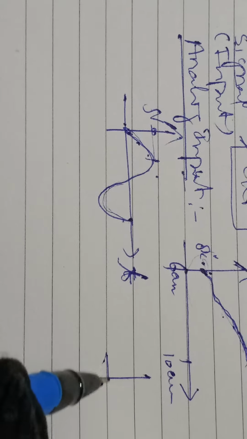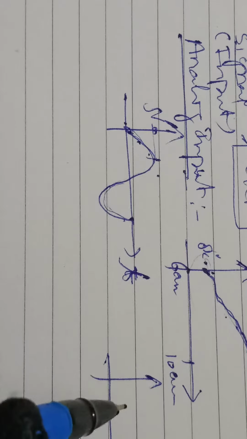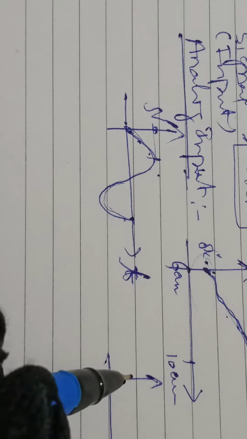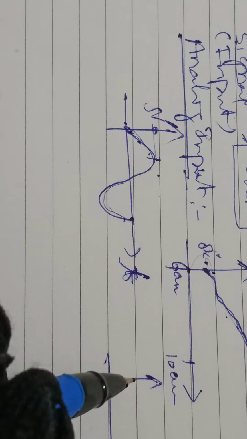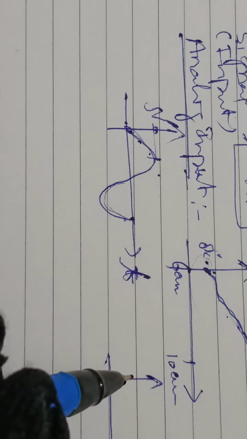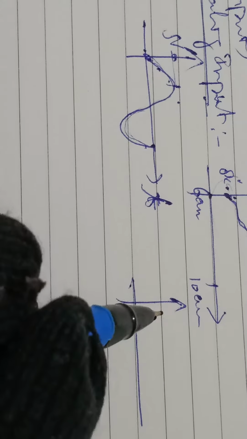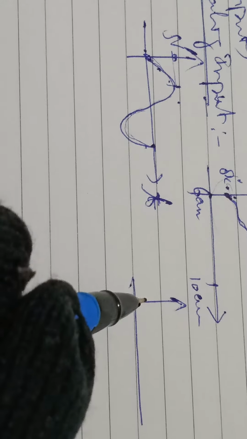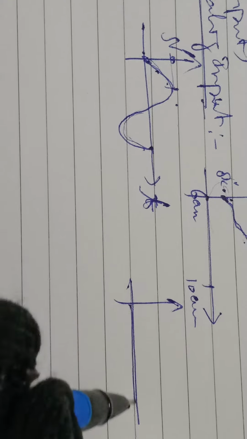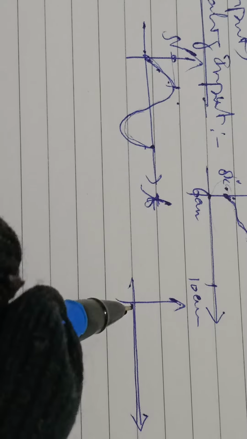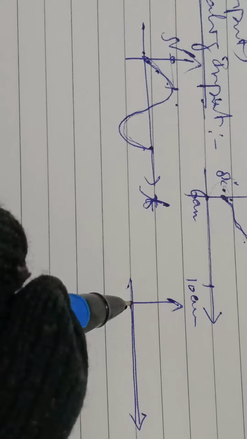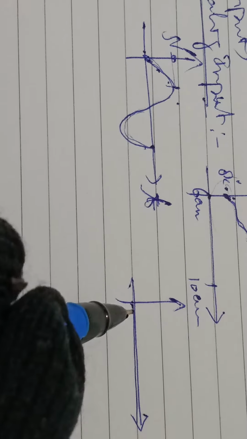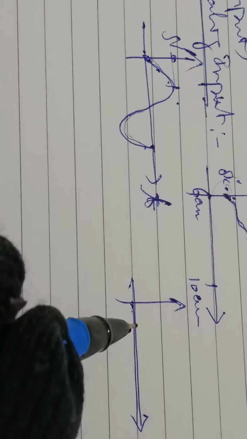Suppose we show by 1 if the temperature is less than 10 degrees centigrade, and show by 0 if the temperature is greater than 10 degrees centigrade. Or we can say in a different manner, if the temperature is less than 10 degrees centigrade we represent it by 0, and if it is greater than 10 degrees centigrade we represent it by 1.